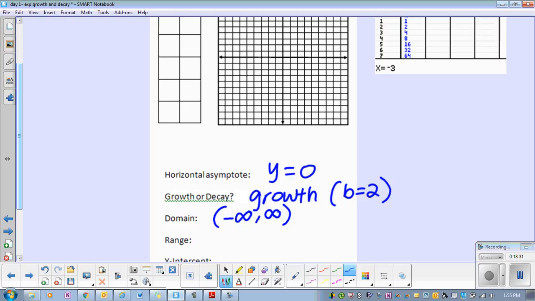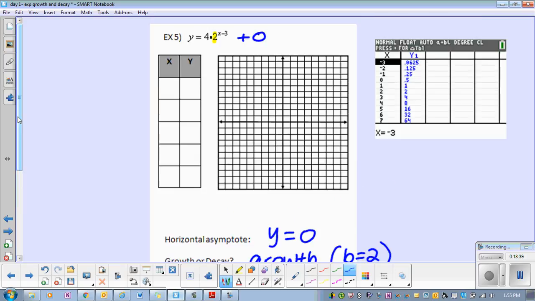So now for the range and the y-intercept, let's graph this, and then we can figure it out. So, you know, I have an asymptote at y equals 0, so I'm actually going to draw that in so that I have it. And then I'm going to put this into the calculator.